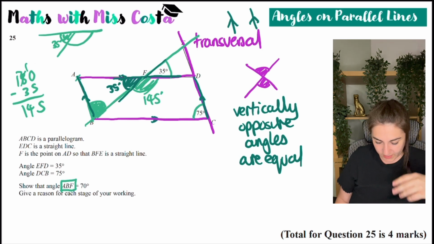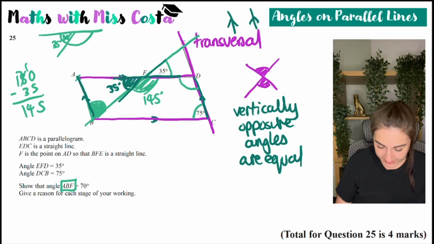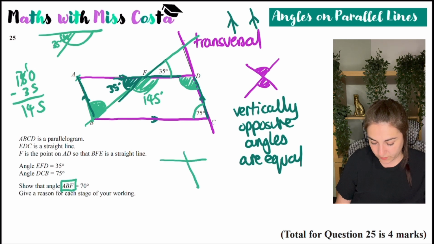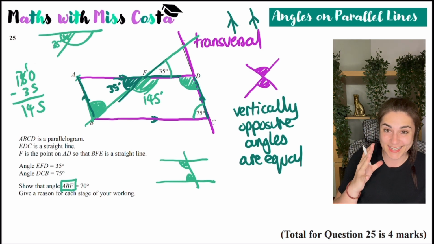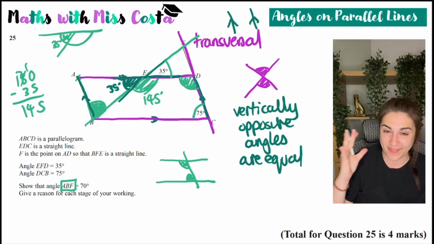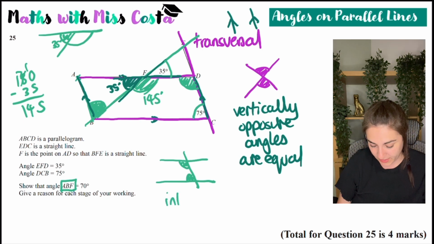So I'm just trying to think which would be the easiest way. So I could work out this angle here, because when you've got parallel lines, you've got something like this where both angles are on the interior inside of the parallel lines and they're on the same side of the transversal, and they are called interior angles.